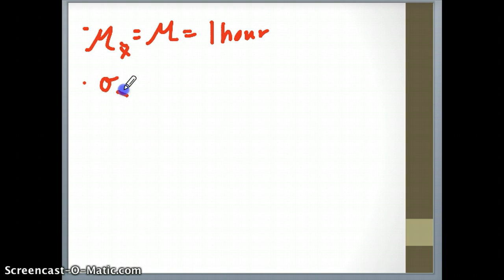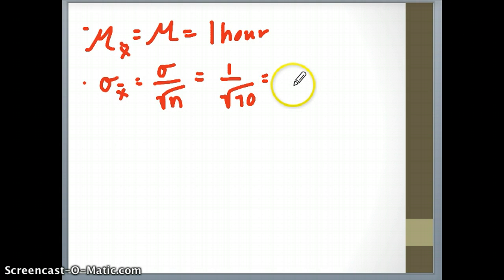The standard deviation of our sample mean is going to be our standard deviation over the square root of n. That was 1, they told that to us, and 70. Is it 70? Yep, they took an SRS of 70 air conditioning units. That's going to give us 0.12 for our standard deviation.